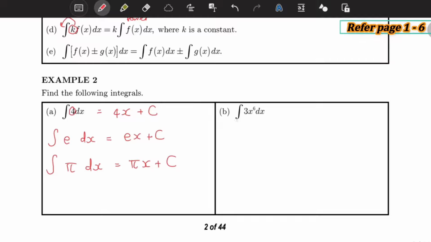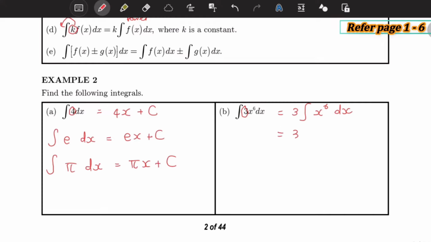Okay, next part B. Integrate 3x power of 6 dx. 3 is a constant only, so we can write 3 integrate x power of 6 dx. We integrate x power of 6 with respect to x.